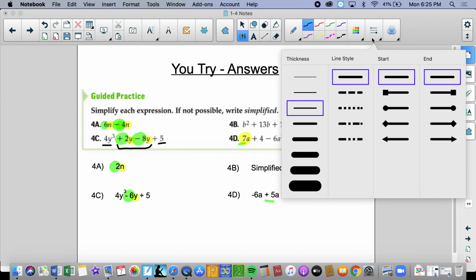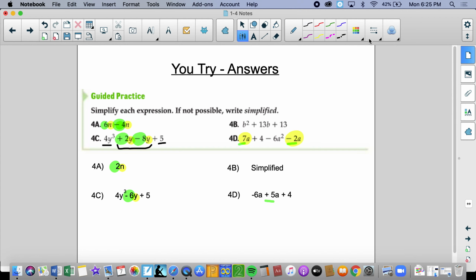Let's fix that, because that should have a 2 over it, because that's a squared. I looked at it and thought, hold on, those are like terms, but they are not, because that should be a squared. And notice that I put it in standard form, a to the second, a to the first, and then that has no variable. So a to the second is going to come first, then a, then the constant.